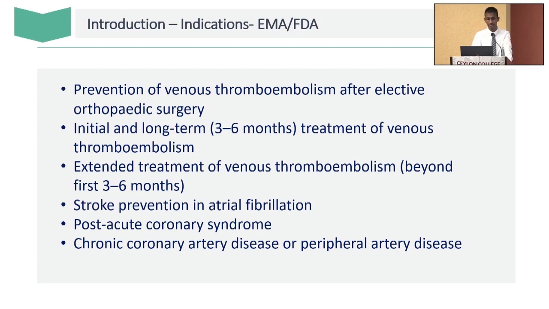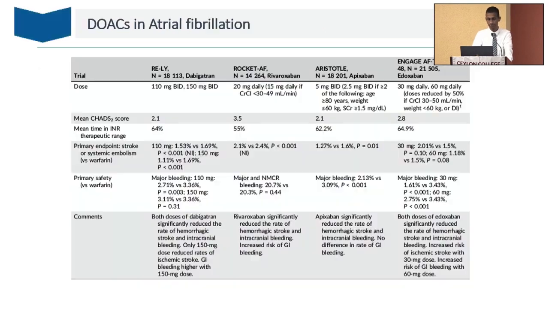Extended treatment, that is beyond 6 months, even if you're taking it lifelong at a lower dose. Then the prevention of stroke in AF. Treatment of acute coronary syndromes in the acute phase, as well as chronic coronary artery disease and peripheral artery disease. So there's a license for DOACs for all these indications.